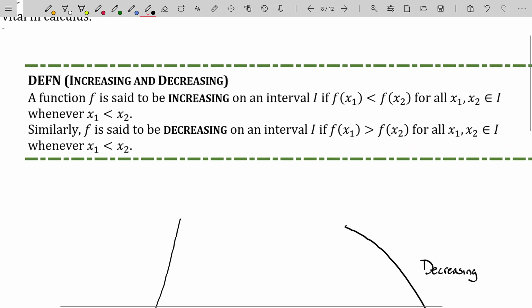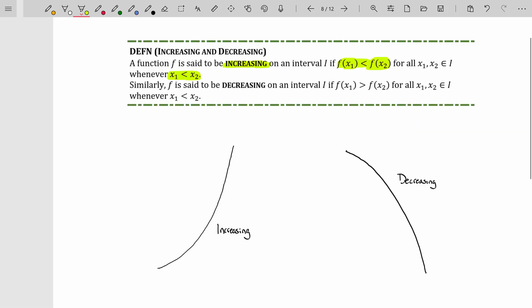So a function f is said to be increasing on an interval, and we call that interval I, if f of x sub 1 is strictly less than f of x sub 2 whenever x sub 1 is less than x sub 2. Let's visualize this.